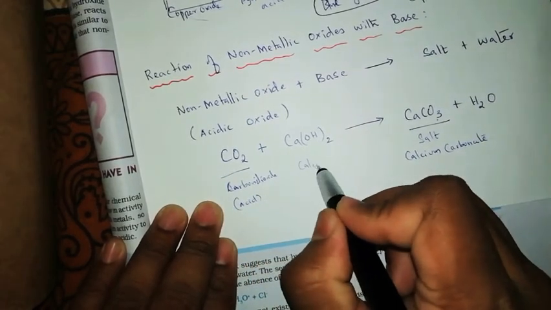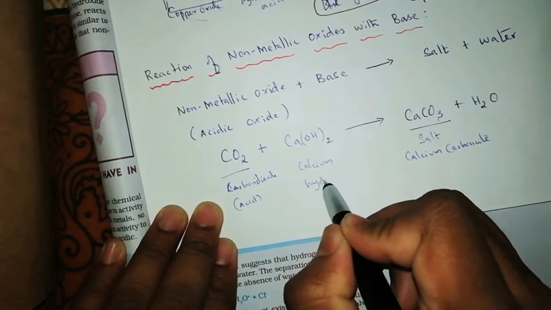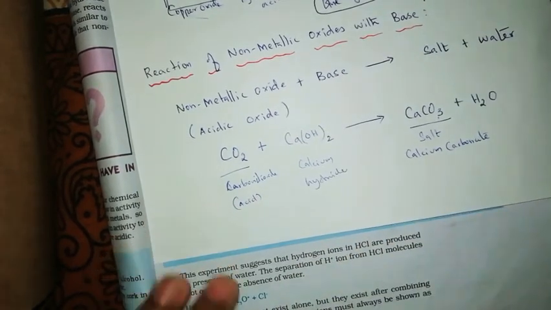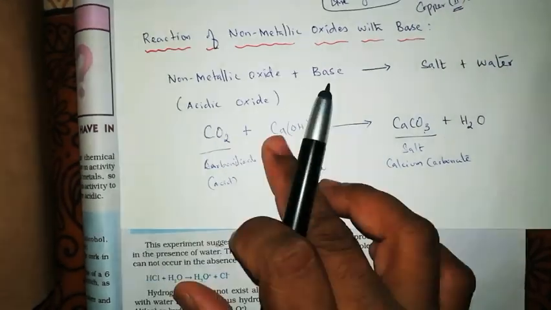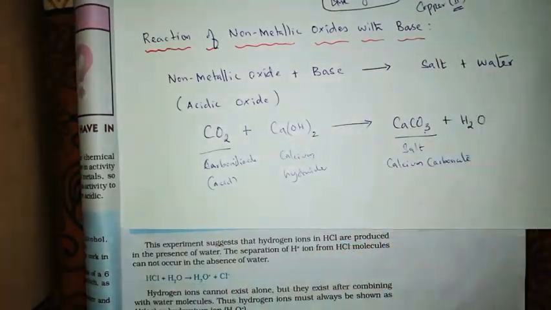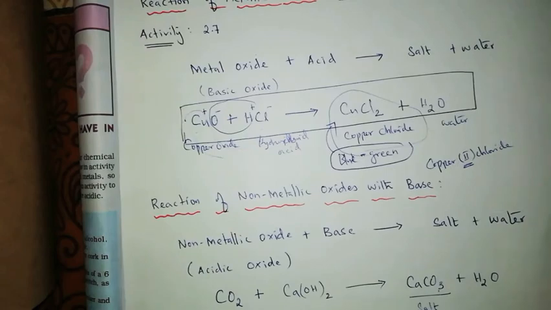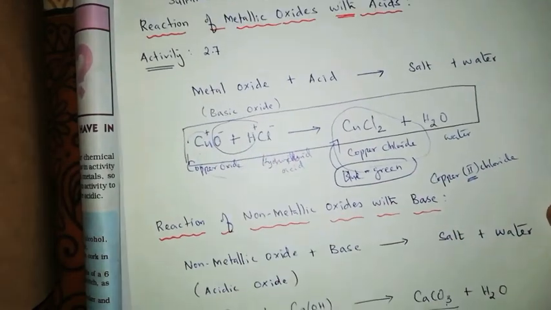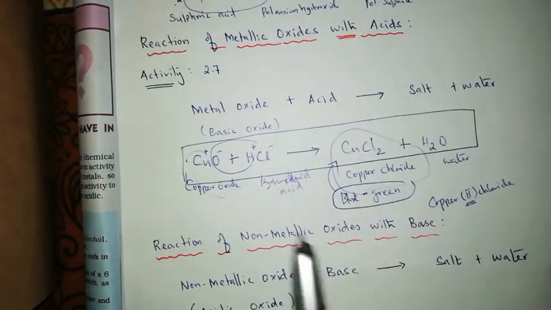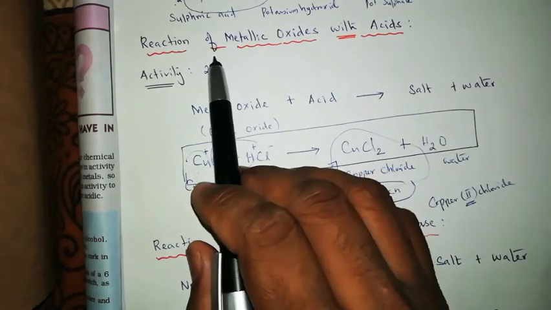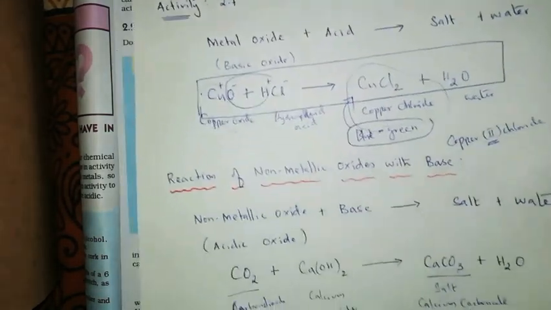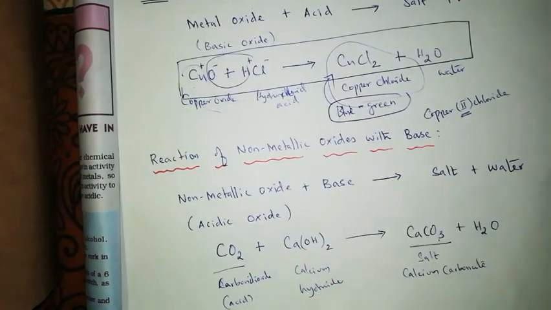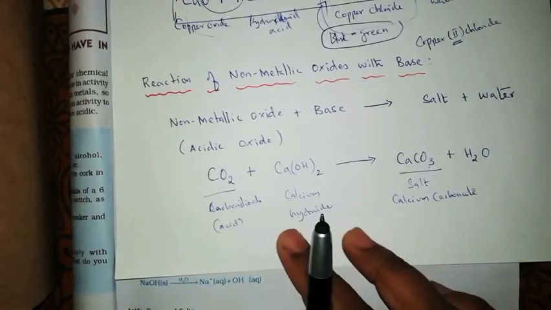This is calcium hydroxide. So whenever a non-metallic oxide reacts with a base, it gives salt and water. So you should know one thing: when a metallic oxide reacts with an acid, it gives salt and water. When a non-metallic oxide reacts with a base, it gives salt and water. Okay, hope you understand this.